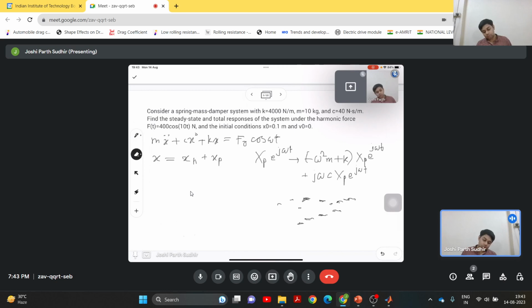And we could write the forcing also in a similar way, as f naught e to the power j omega t.